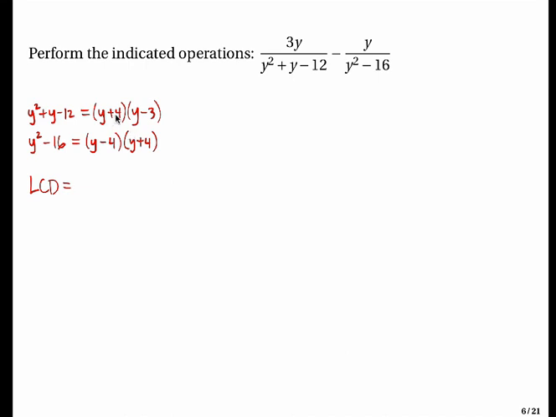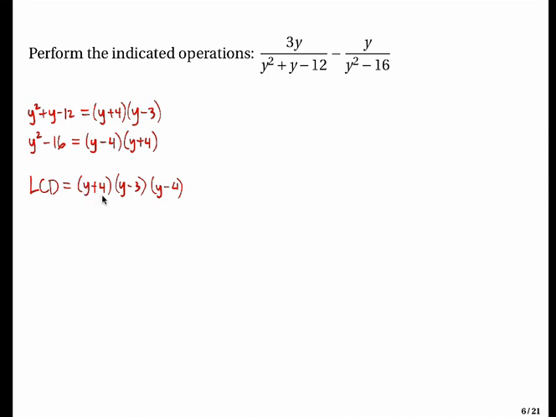So the factors that we see here are y plus 4, and then we have y minus 3, and then we have y minus 4. And then here, there's y plus 4, but we already have written it. Now, the highest power of y plus 4 is 1, because here, y plus 4 has power 1, and here y plus 4 has power 1.